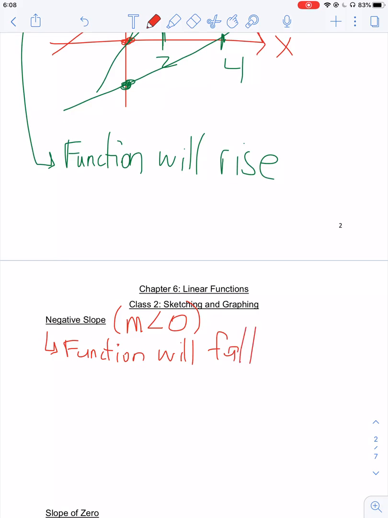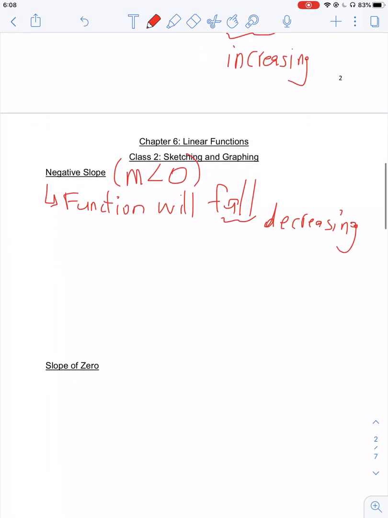Here your function is increasing, rising, so your y values are increasing when your x values are increasing. Fall means it's decreasing, so as your x values are getting bigger, your y values are getting smaller.